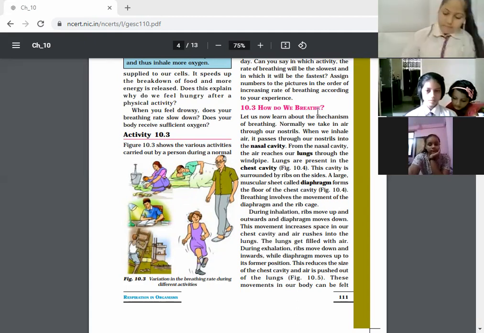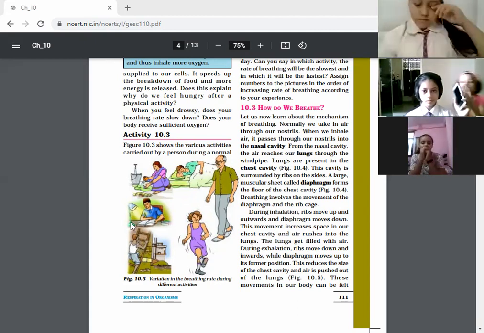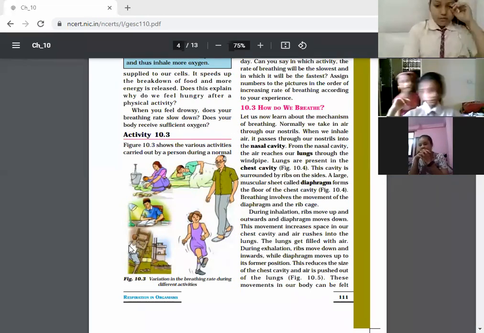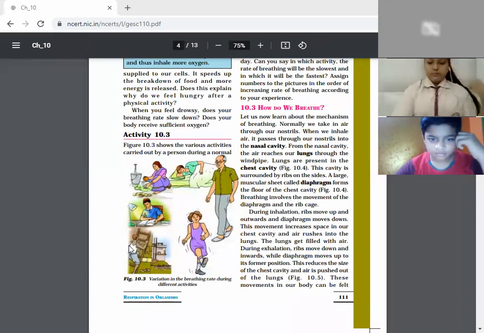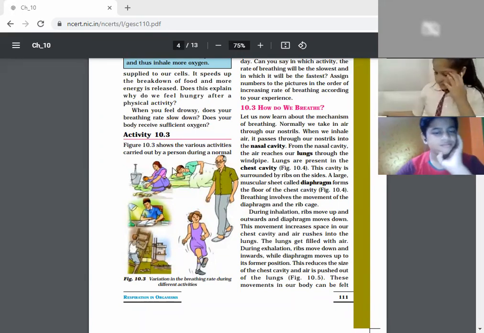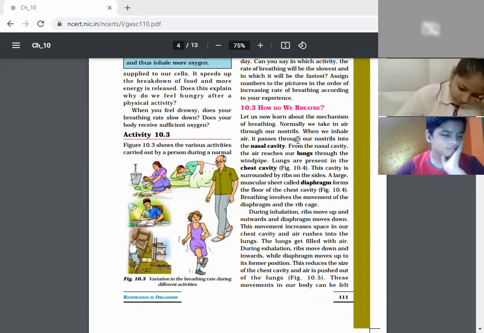How do we breathe? Nishchay, continue reading. Yes, ma'am. How do we breathe? Let us now learn about the mechanism of breathing. Normally, we take in air through our nostrils. When we inhale air, it passes through our nostrils into the nasal cavity.